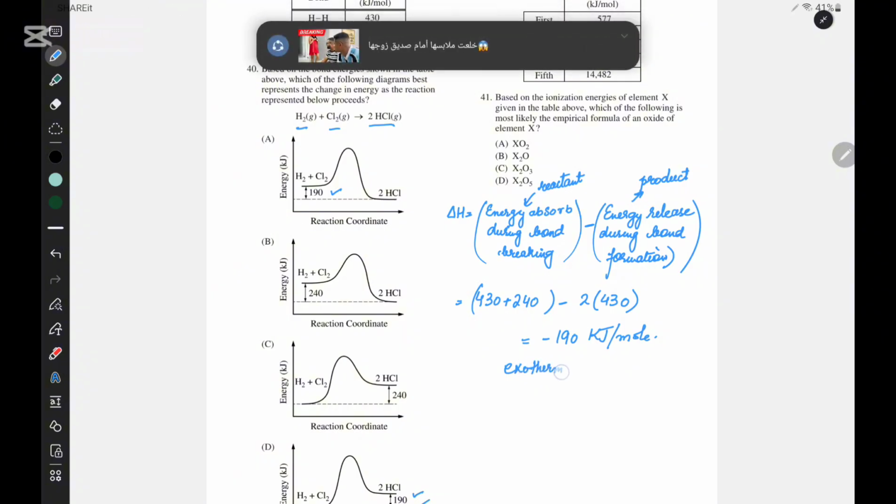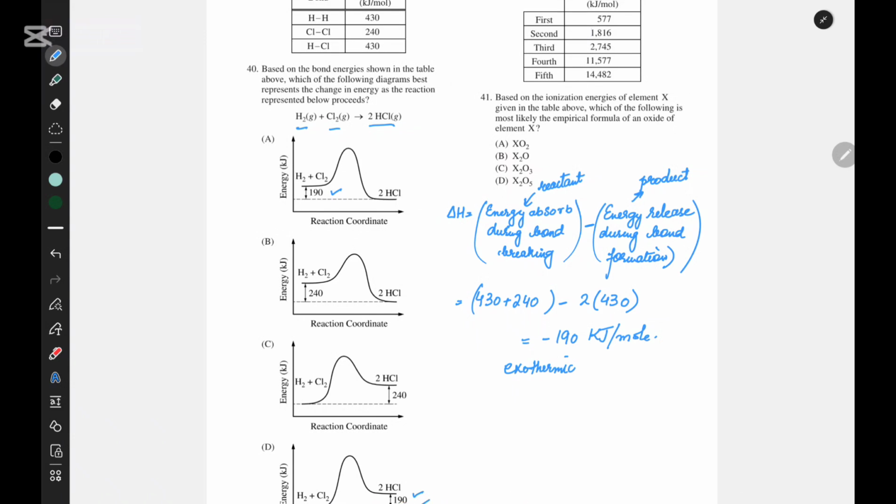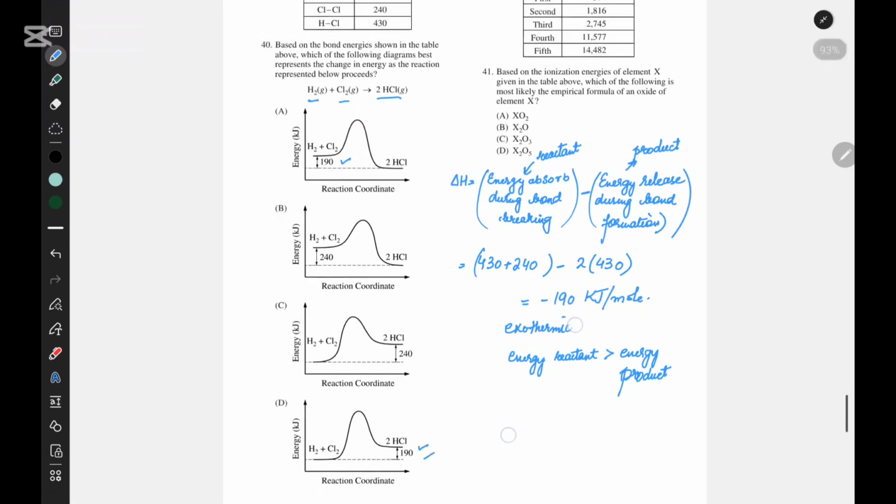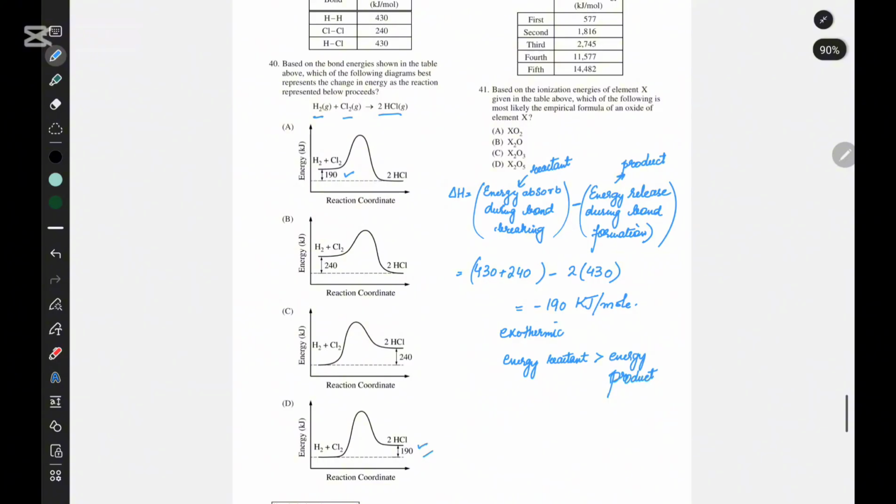For exothermic we know one thing: the energy of reactant is greater than the energy of product. So in both options we have energy of reactant greater; you can see in option A, the energy of reactants is greater than the energy of product.